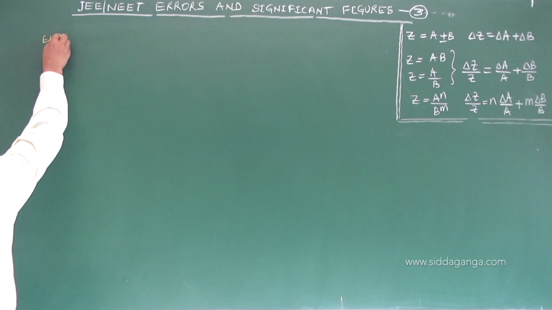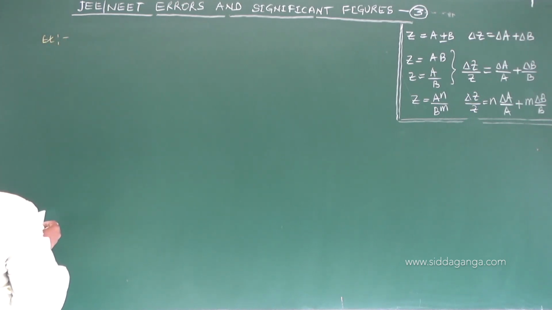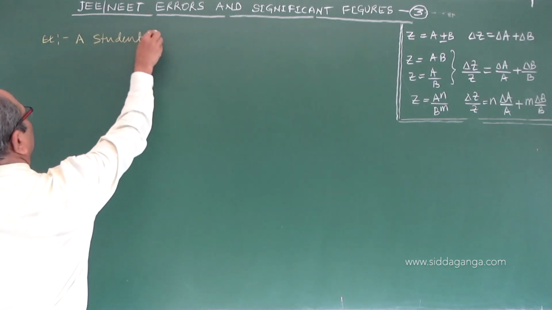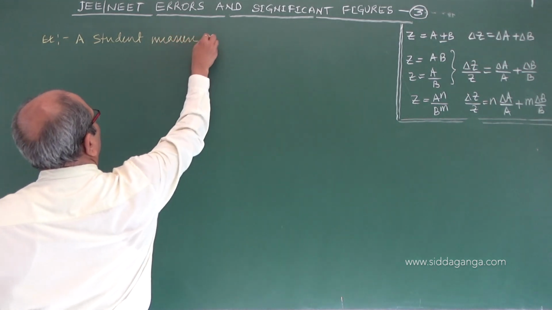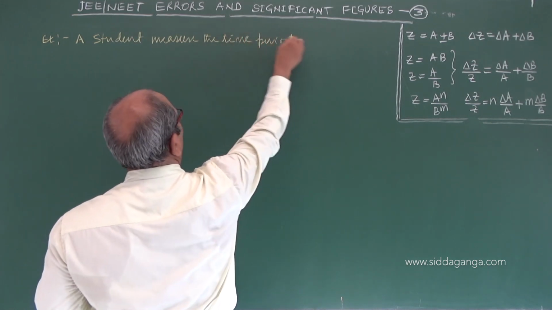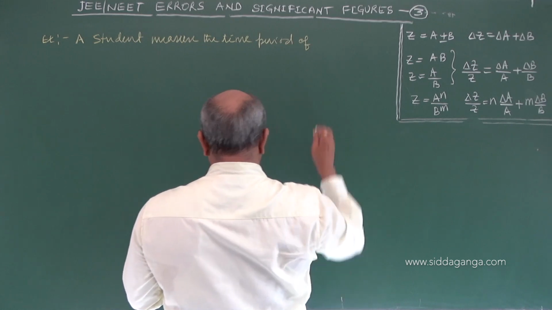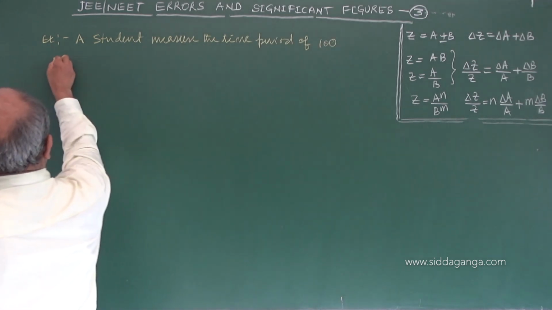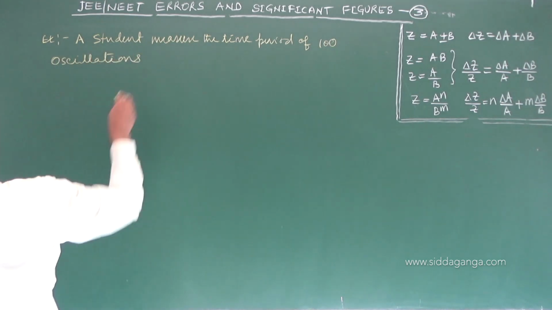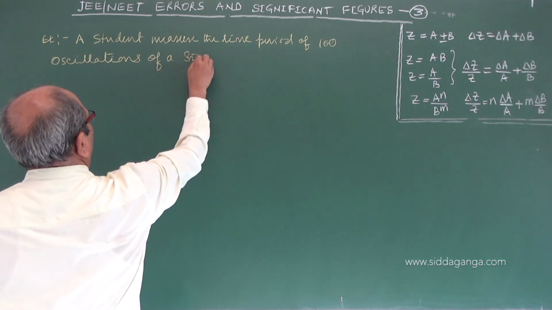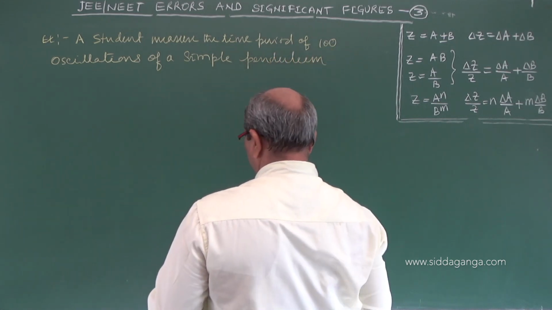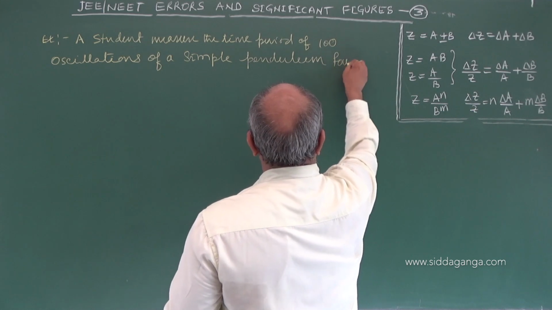So next example. A student measures the time period of 100 oscillations of a simple pendulum four times.